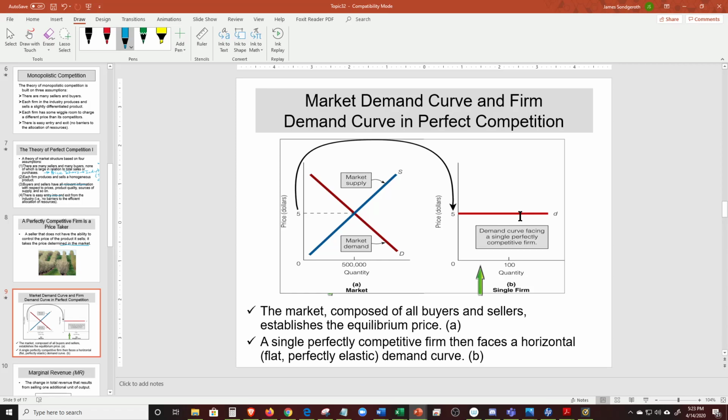And so essentially, here is the market, and here is the single firm, the representative firm. Supply and demand determine the price. The firm has to accept that price, and it can sell as much or as little as it wants at that price.